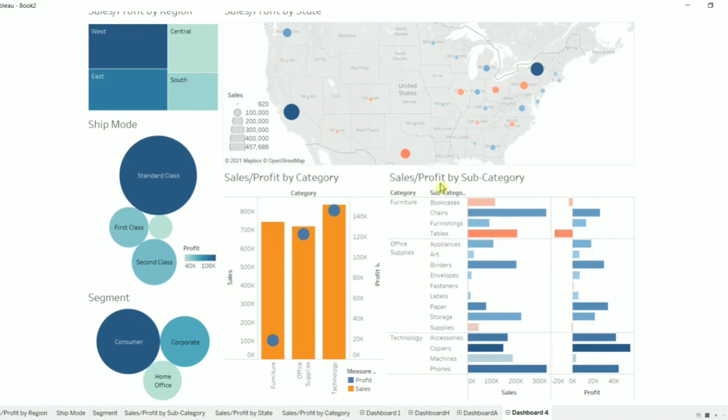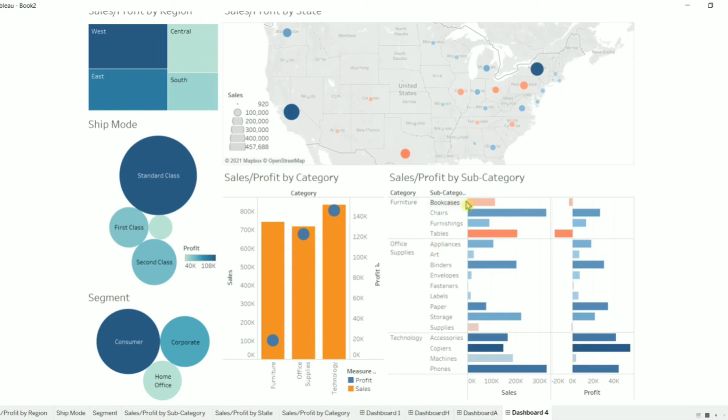Coming to the sales and profit by subcategory, which shows sales and profit, the subcategories under Technology are doing well. Also, the subcategories under Office Supplies are doing quite well, leaving a few of the subcategories behind.